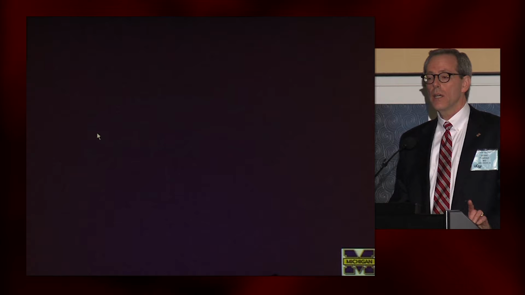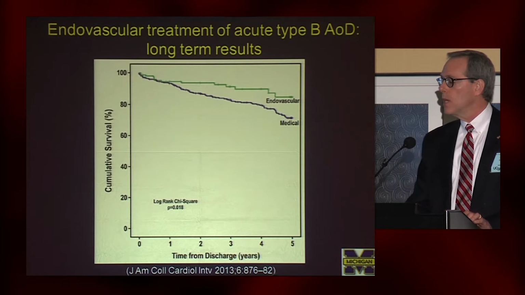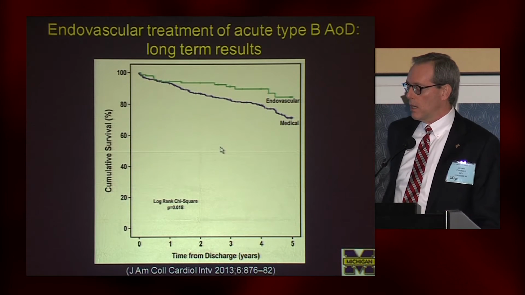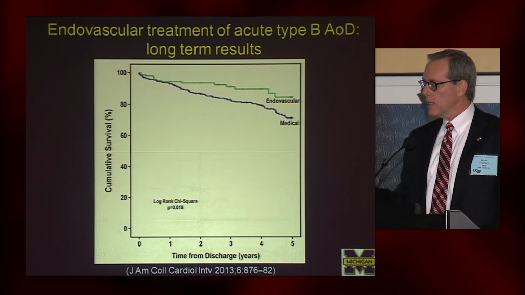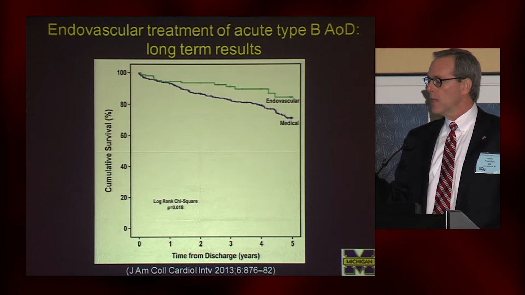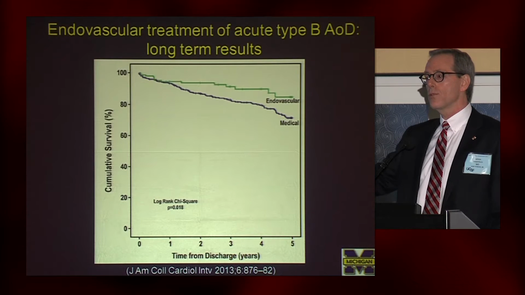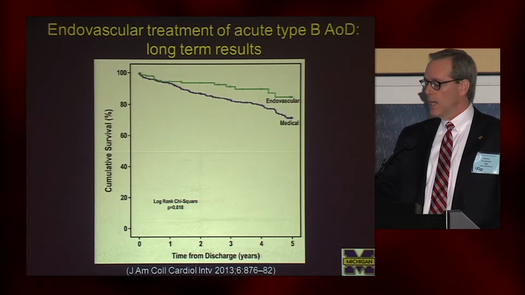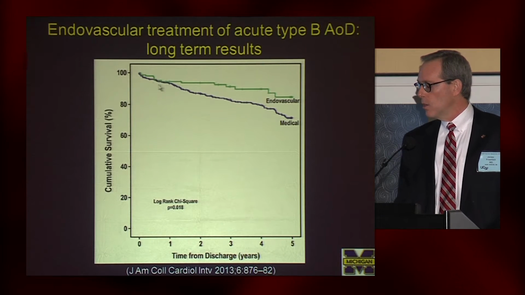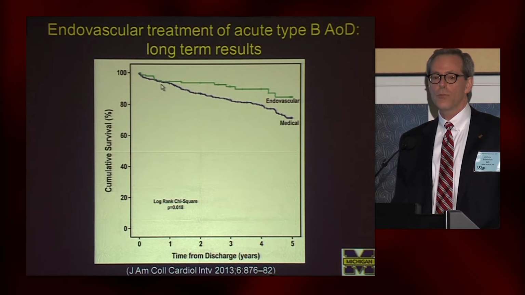And then finally, as kind of a teaser to the subsequent discussions, we did publish a long-term follow-up. Rossella Frattori in Italy led this analysis, comparing long-term outcomes in patients who underwent endovascular versus medical management in type Bs. And as you can see in our data, over the first year, there's virtually no difference.